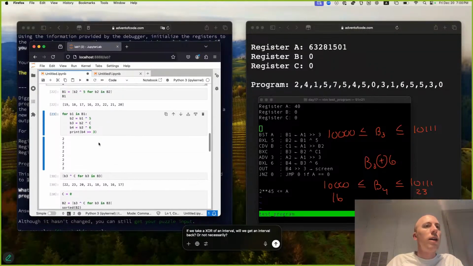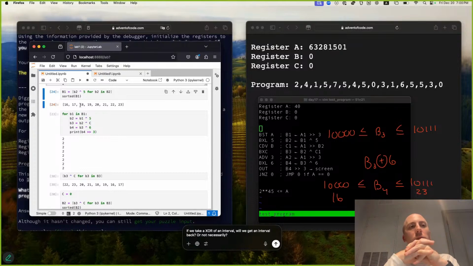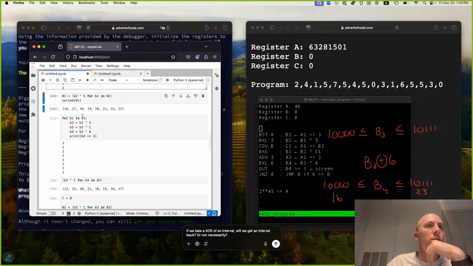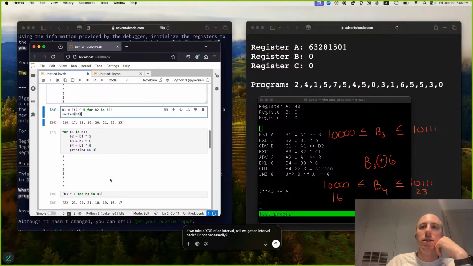We're still XORing with just 3 bits, so we're still going to span the range there, because the difference between 16 and 23 is 7, so it's just 7 values.